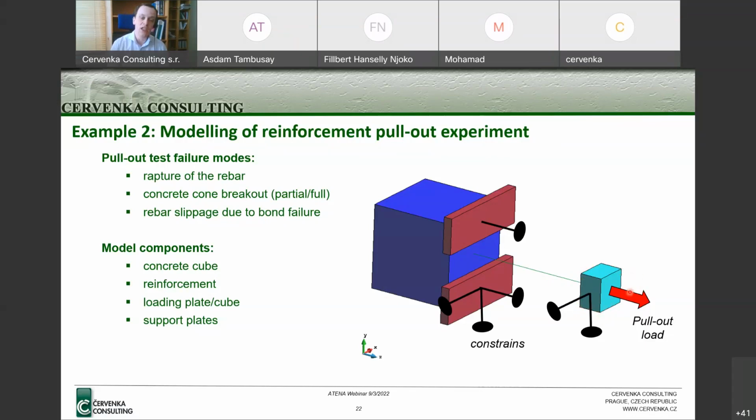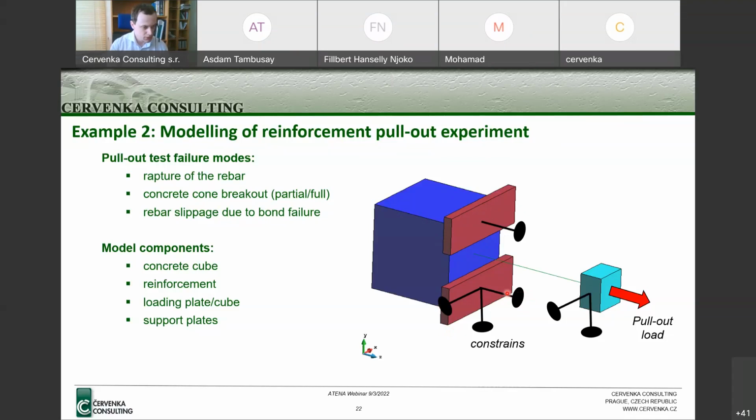That's why there is not only a free end, but also some kind of loading cube or loading plate on which we applied the prescribed load. The supports of the concrete are modeled through some loading plates on which we apply the constraints.